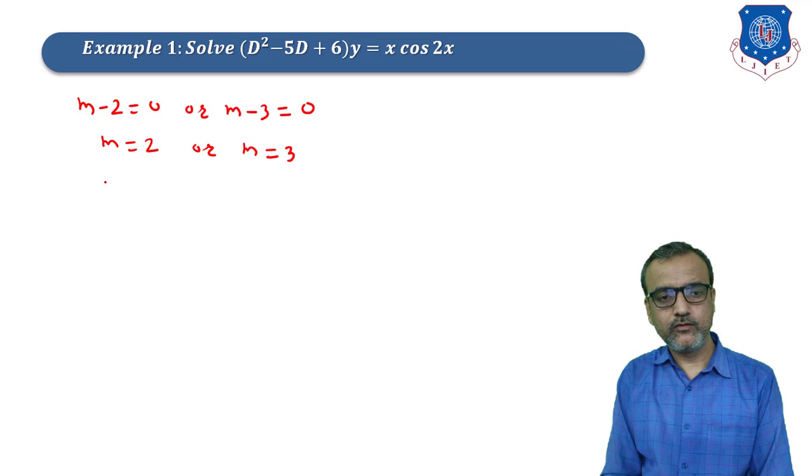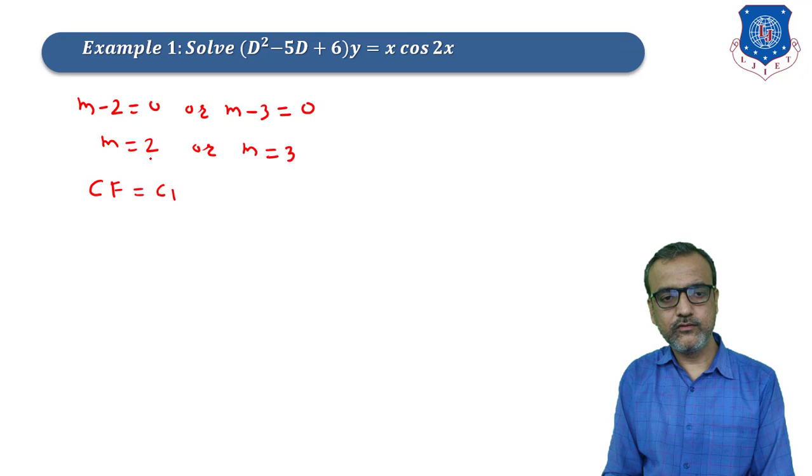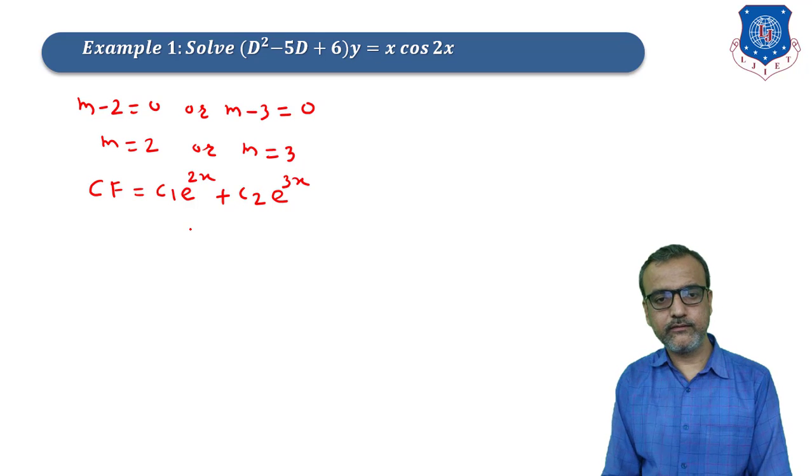So now we will write down CF, that is equal to C1 e raised to 2x for m equals 2, plus C2 e raised to 3x for m equals 3. So this was all about CF. Now we will find out PI.